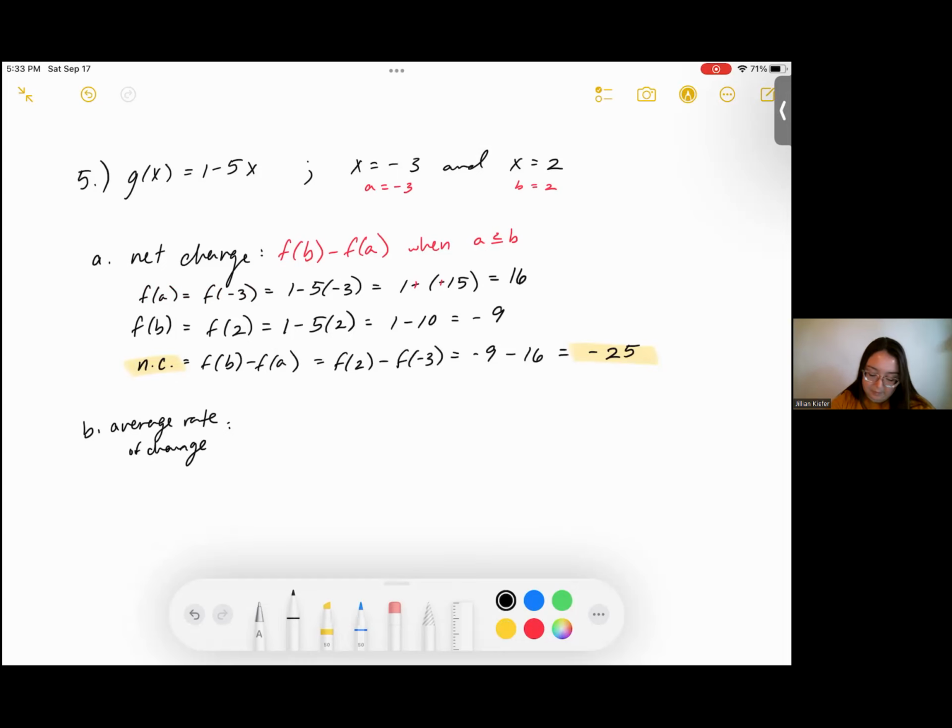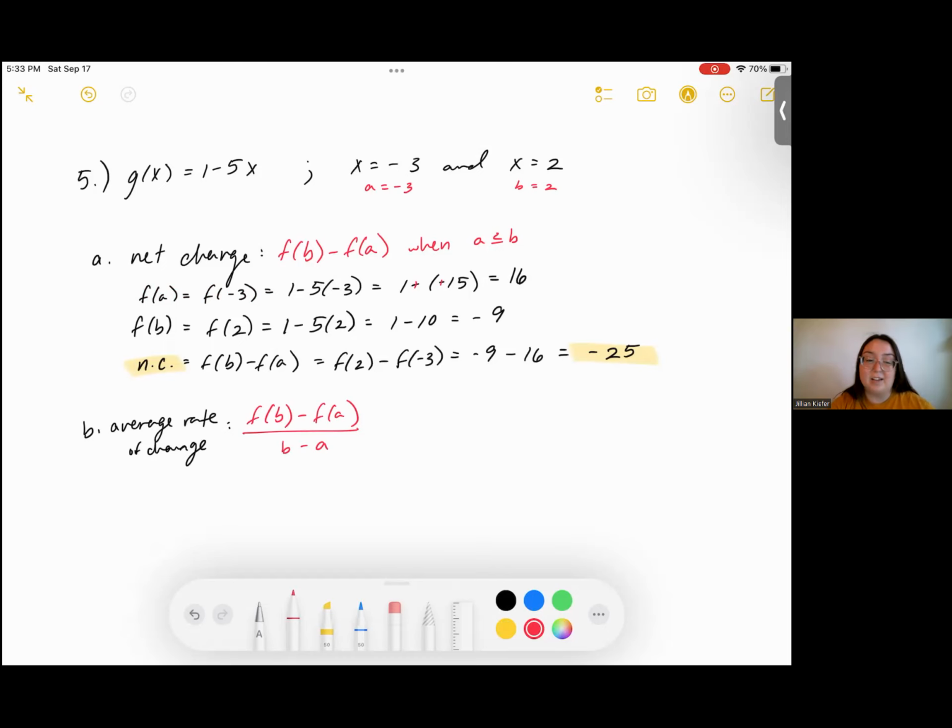All right. Then for our formula for the average rate of change, the average rate of change is f of b minus f of a divided by b minus a. Now in the average rate of change, it doesn't necessarily matter what's a and what's b, but in problems like these, since you just did the net change, you may as well stick with what your values of f of a and f of b are.